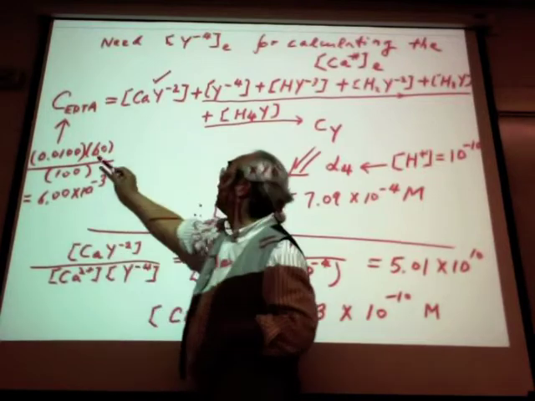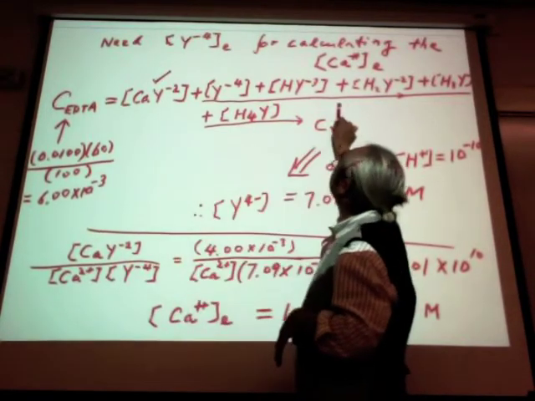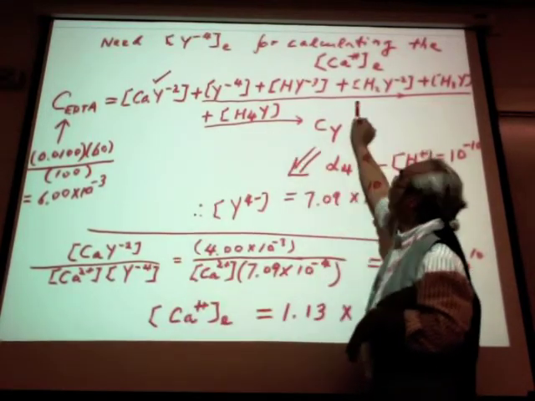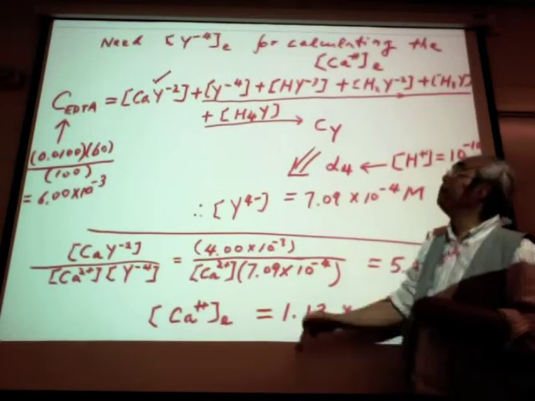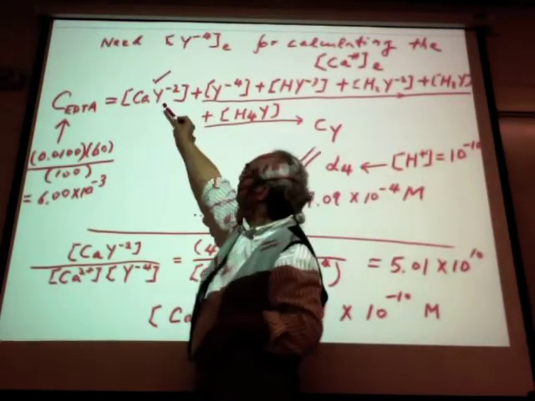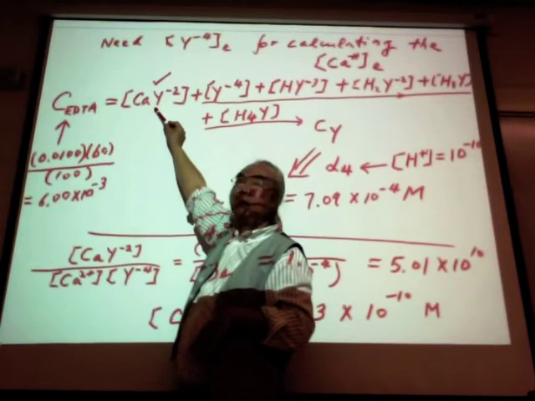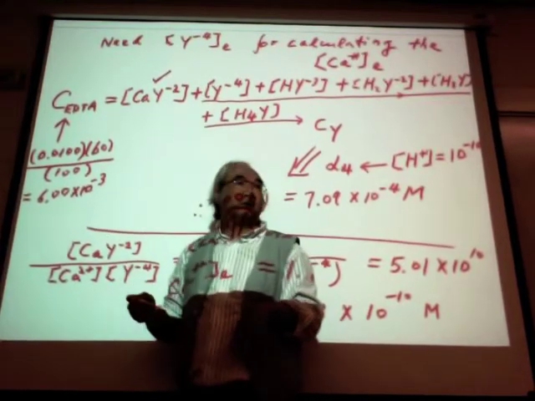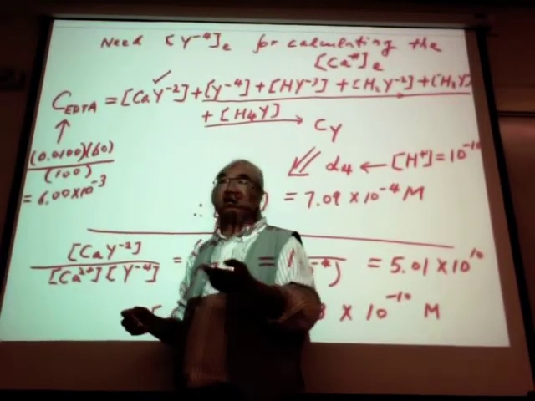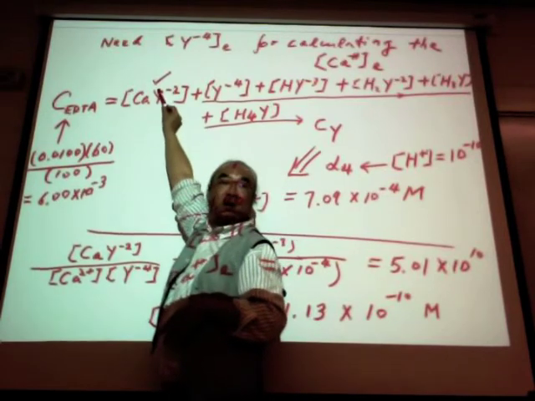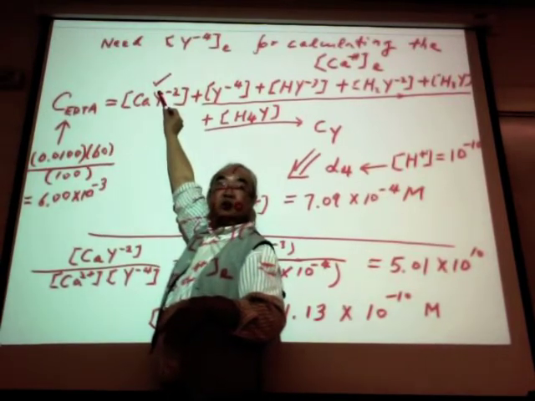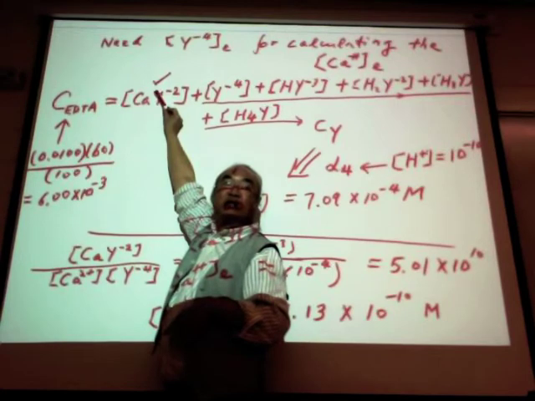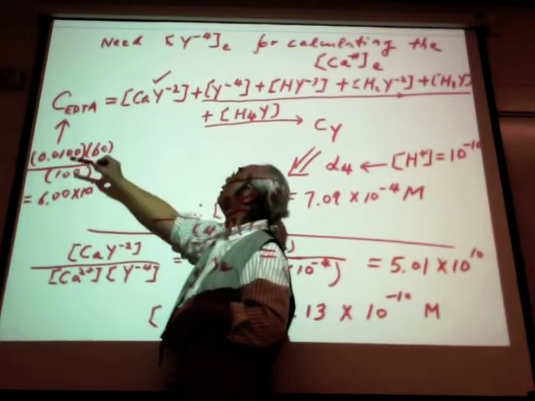So now all the EDTA is going to be distributed among all these species, the species being the complex, which we had calculated the amount of previously. So this number we know, right? Just from the previous slide, you can transfer that number to here.